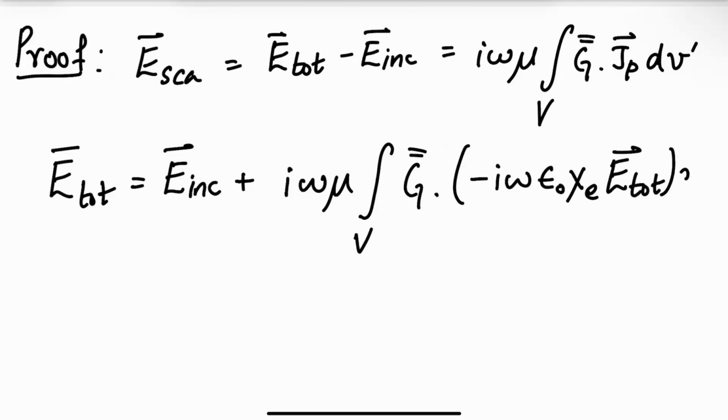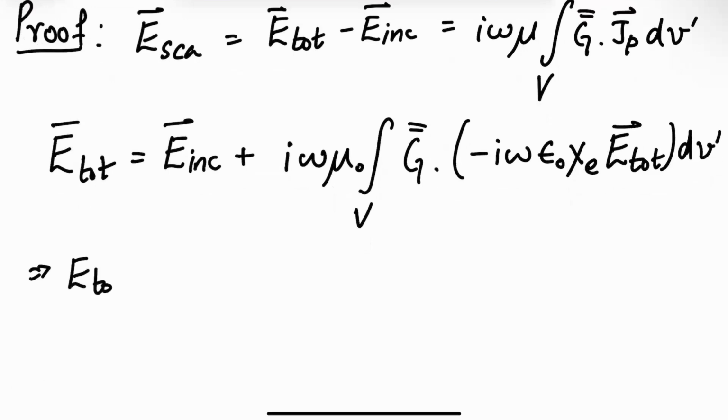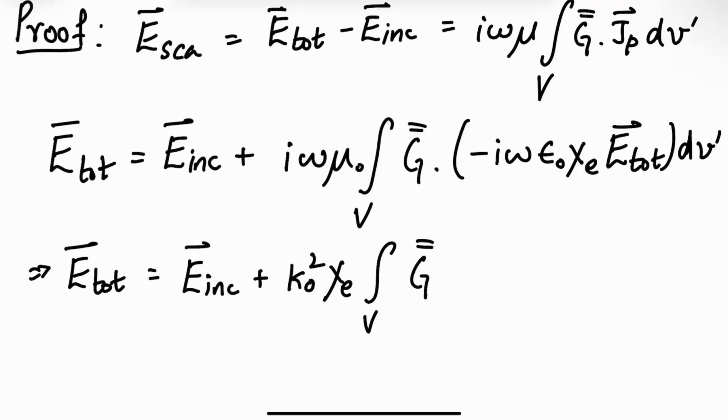That was the first relationship between the two of them that we had from the wave-matter interactions, the polarization currents. Now I times minus i is 1, so I have omega squared mu naught epsilon naught. That's just k naught squared. So this gives me E total is equal to E incident plus k naught squared volume integral of the dyadic Green's function times E total.